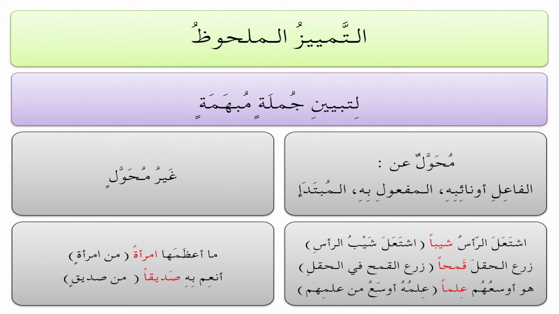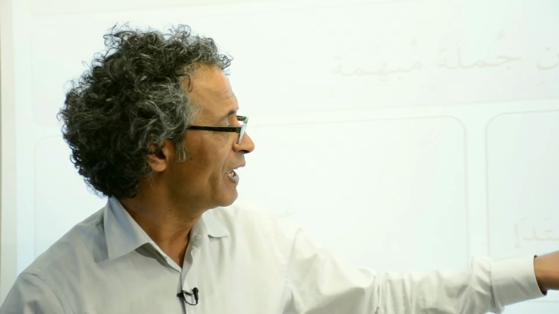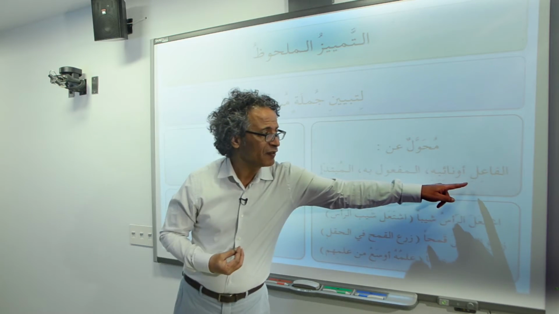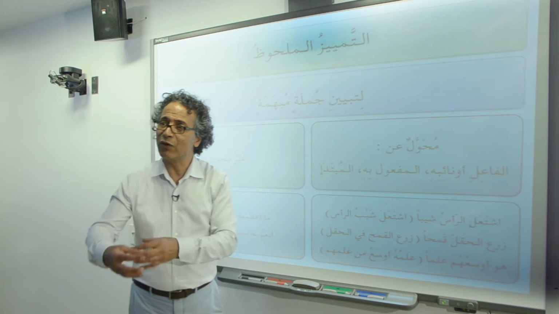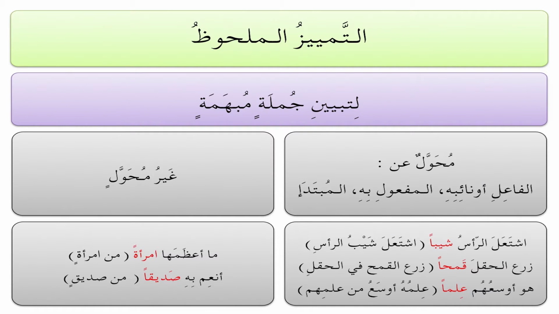We say in Arabic this is a very specific expression. اشتعل الرأس شيبا. So truly the sentence is اشتعل شيب الرأس. So شيب here is فاعل. So what's happening here is محول عن فاعل, right? We transform the sentence that is normally using a فاعل into a تمييز. فاشتعل الرأس شيبا.